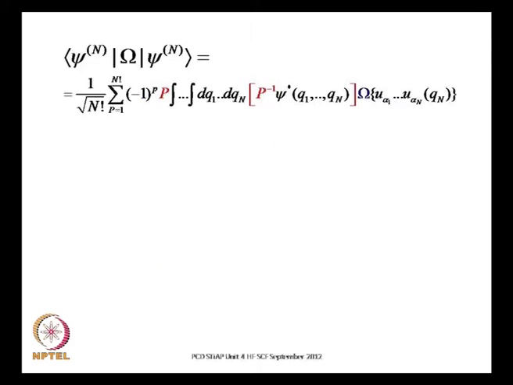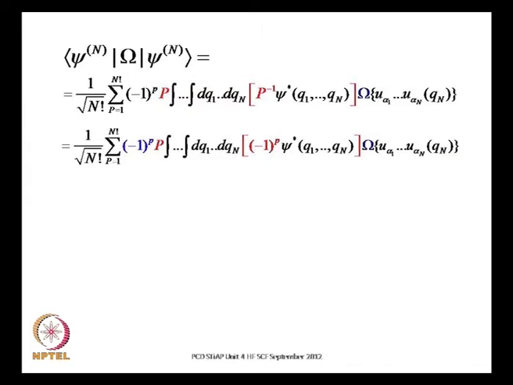So, let me carry this result to the top of the next slide, which is here, the same relation. You have got a p here, a p inverse over here, and omega over here, and a product of the diagonal elements in the Slater determinant here. And what does p inverse do to psi star?